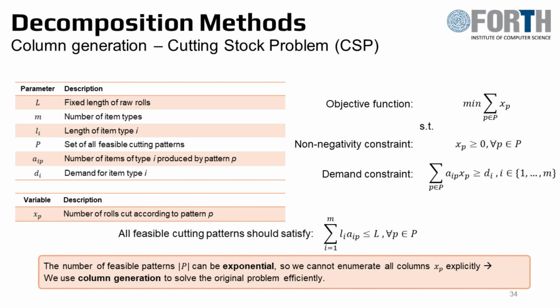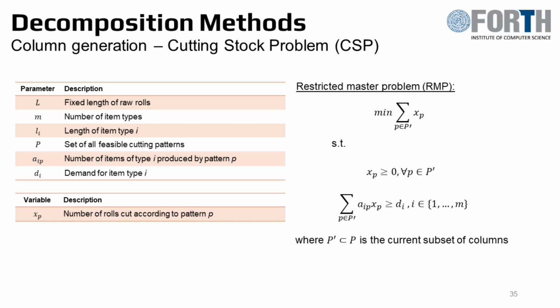for every pattern p. Since the number of feasible cutting patterns can be exponential, we cannot include all variables Xp in the model. Instead, we define a restricted master problem. Let P prime be a subset of P, representing the current set of cutting patterns.